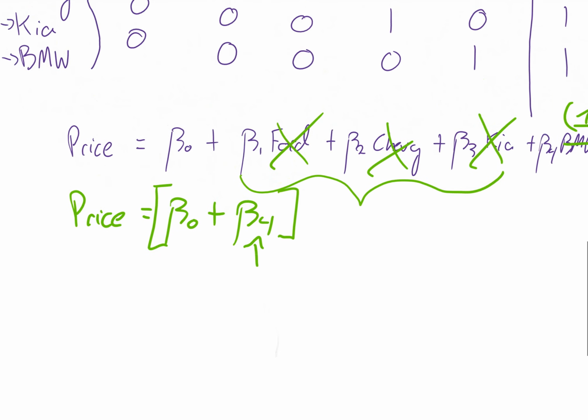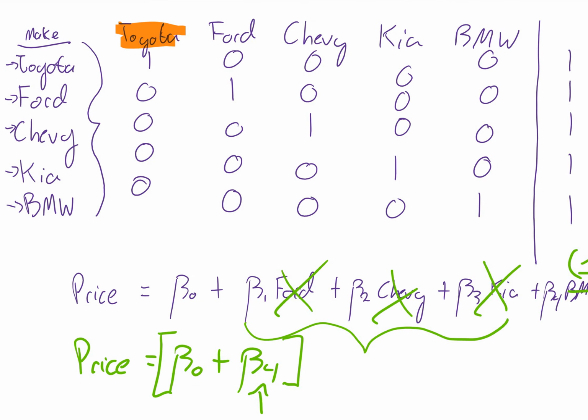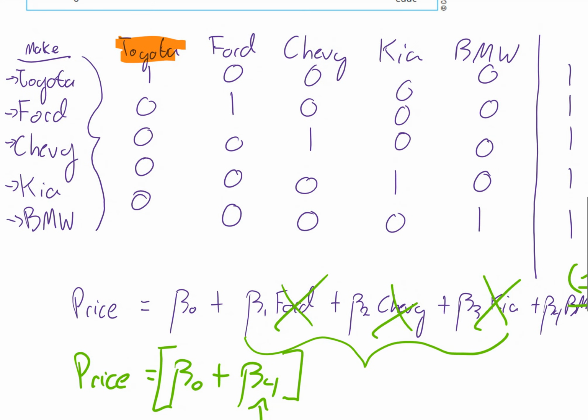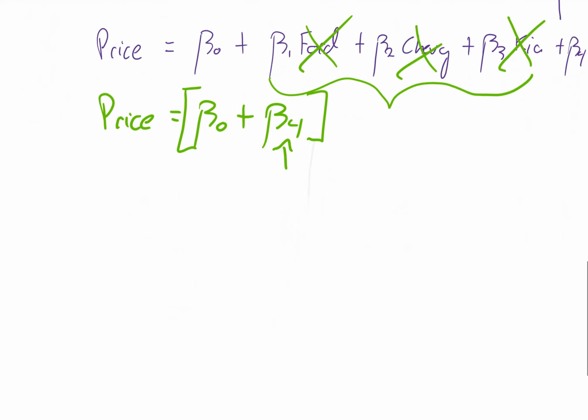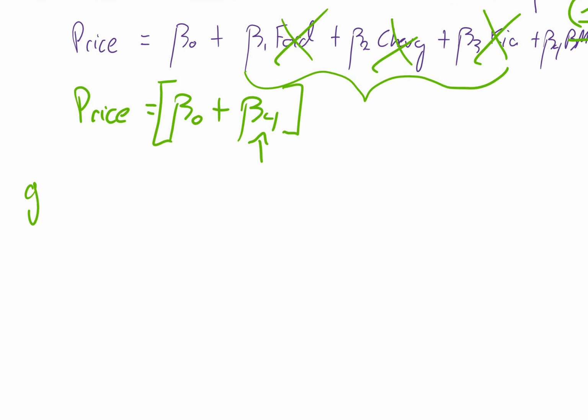So for example, if all I wanted was a dummy variable for Toyota, that's all I wanted, I didn't want to make all these others for whatever reason, then I could generate a new variable called Toyota, and I could say that equals 1.